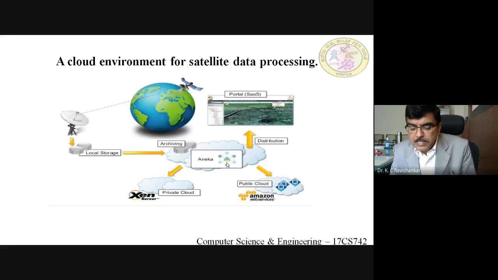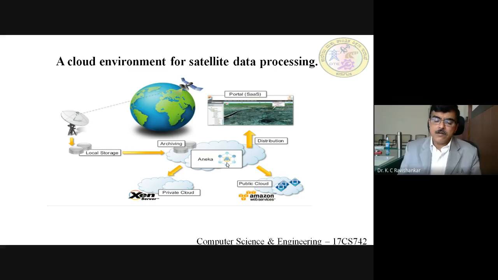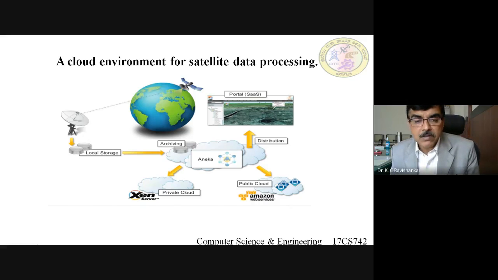A cloud-based implementation of such a workflow has been developed by the Department of Space, Government of India. All governments, all foreign governments also have projects like this, and they have facilities like Amazon, Xen, Aneka, Google, Microsoft, all providing the facility.